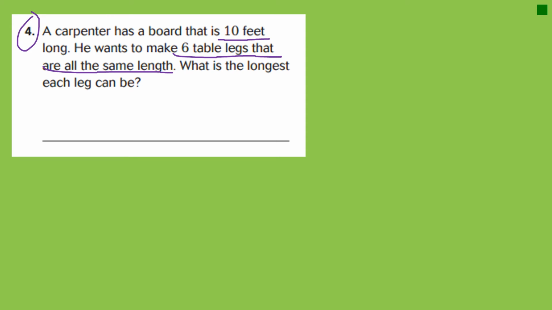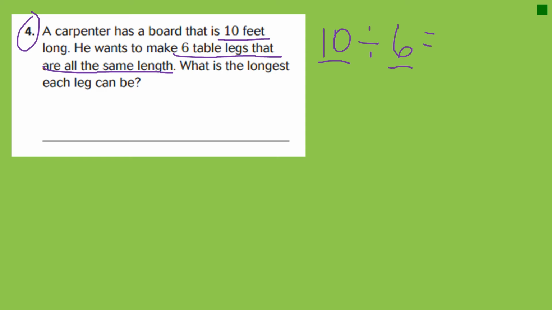Okay, so I am going to take 10 and divide it by 6 because I have 10 feet of wood and I want to make 6 table legs. Okay, so let's do a quick pick for this one.